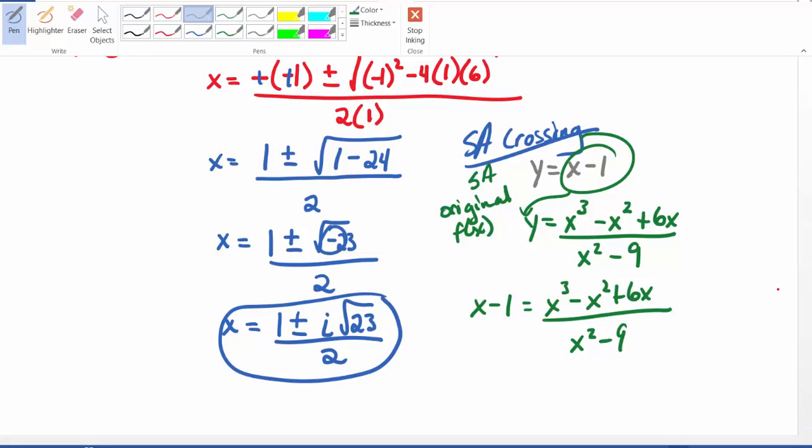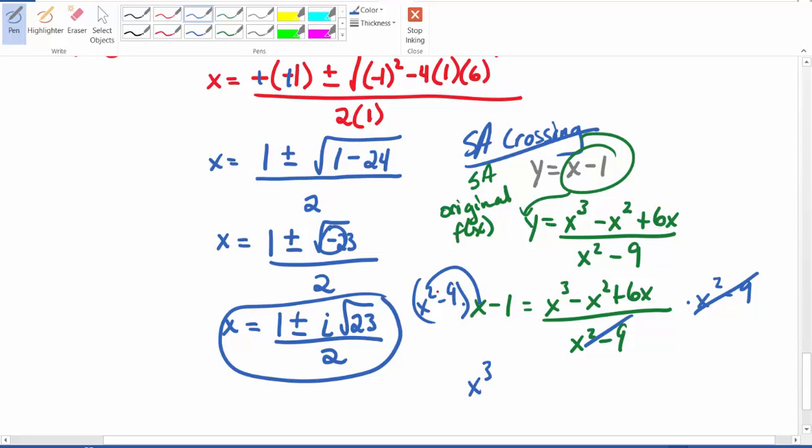Multiplying both sides by that x squared minus 9, they end up dropping out. On the left side, we would have to FOIL that, giving us x cubed minus x squared minus 9x plus 9 is equal to x cubed minus x squared plus 6x.